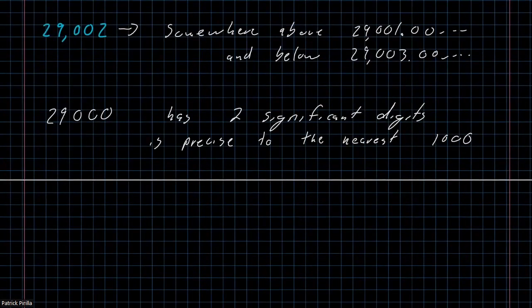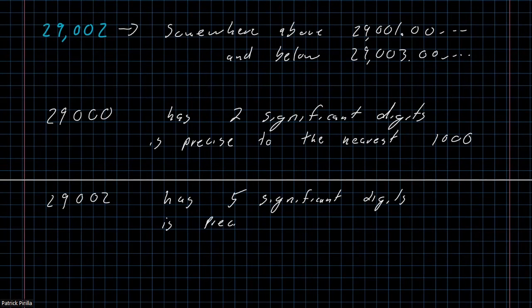When we talk about the measurement 29,002, that has 5 significant digits, and is precise to the nearest 1 or the nearest whole.